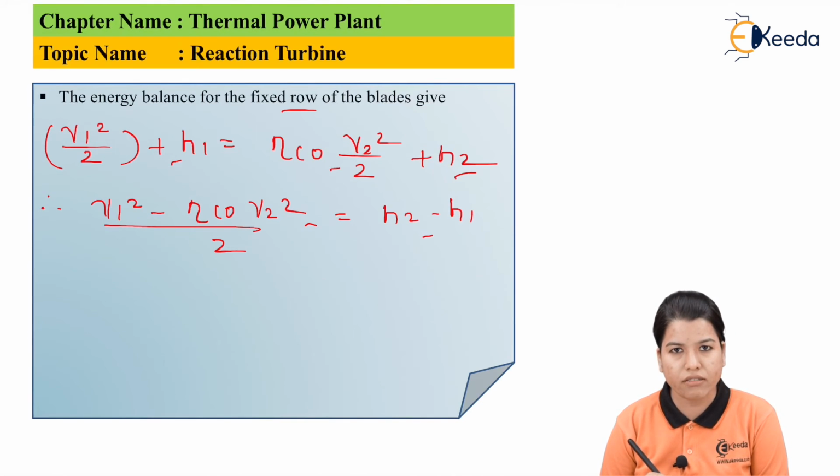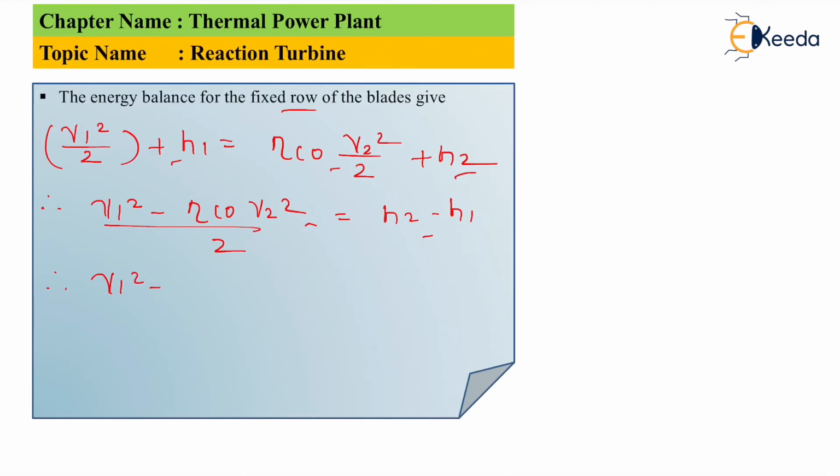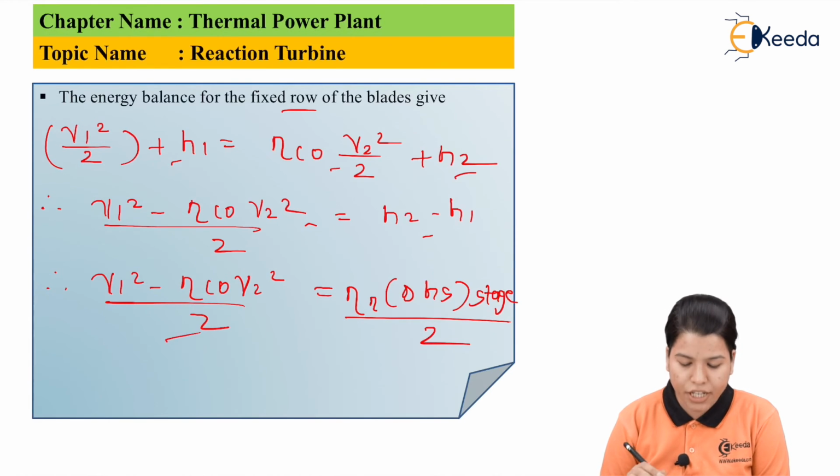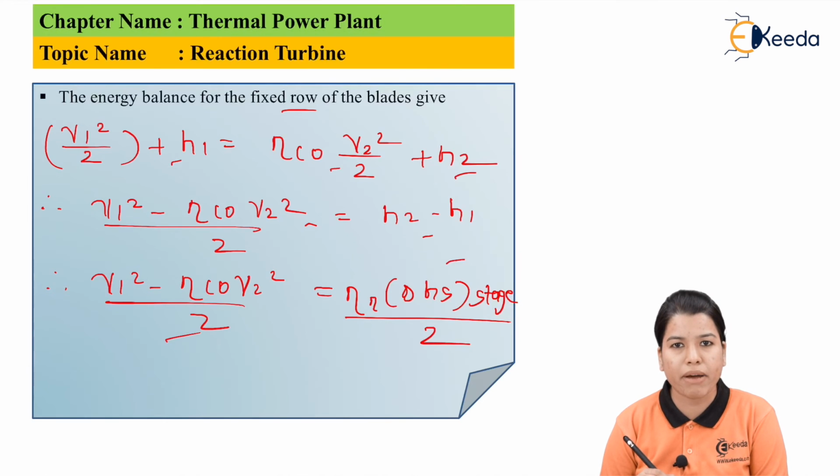Further, we can write, therefore V1 square minus carryover efficiency multiplied by V2 square divided by 2 is equal to efficiency into delta HS stage divided by 2.